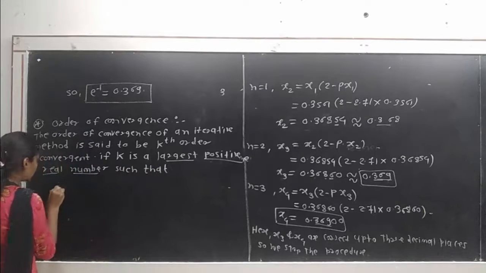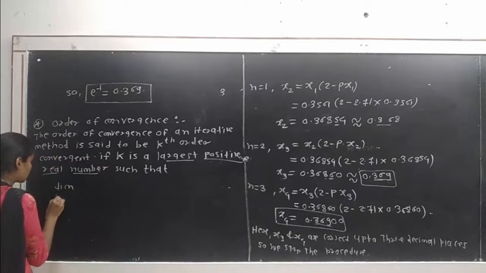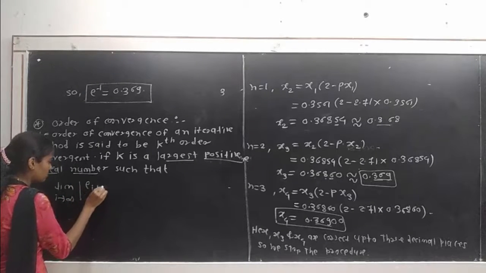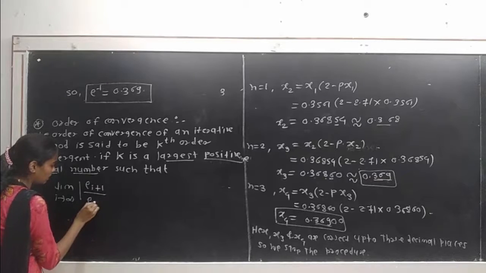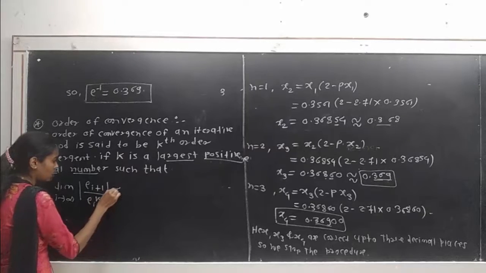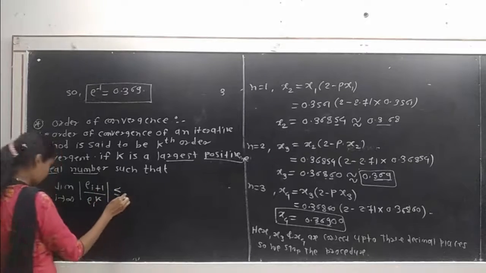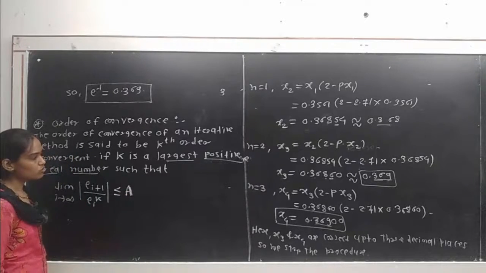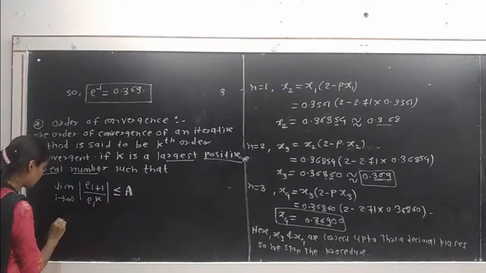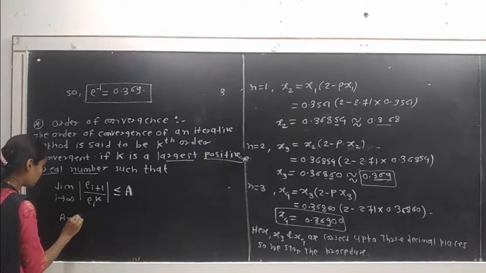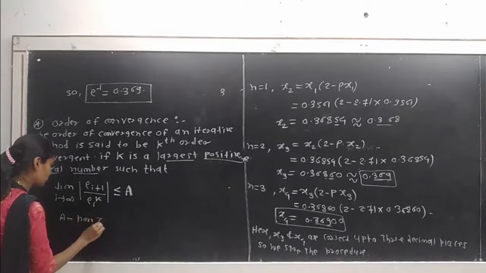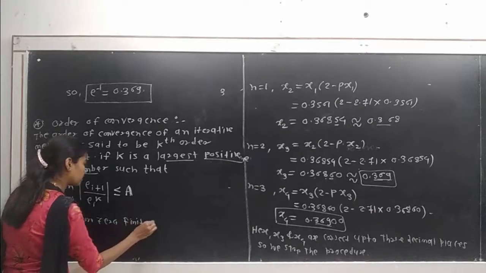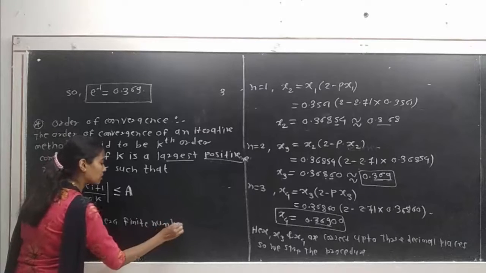limit i tends to infinity of mod of e(i+1) divided by e(i) raised to k is less than or equal to A. Here A is a non-zero finite number.